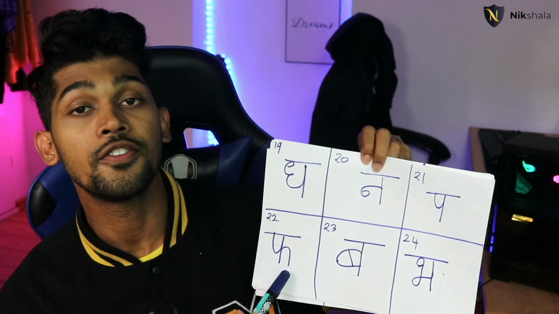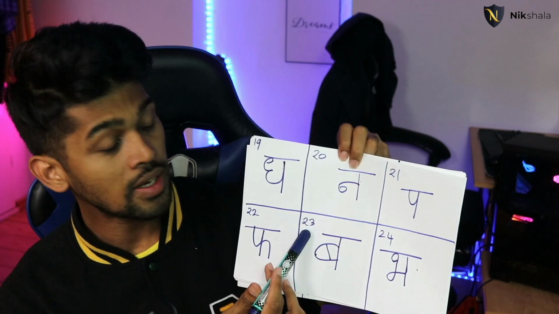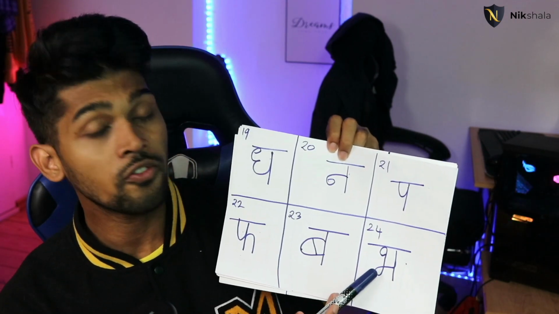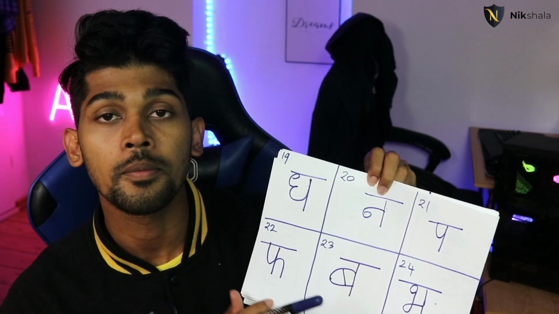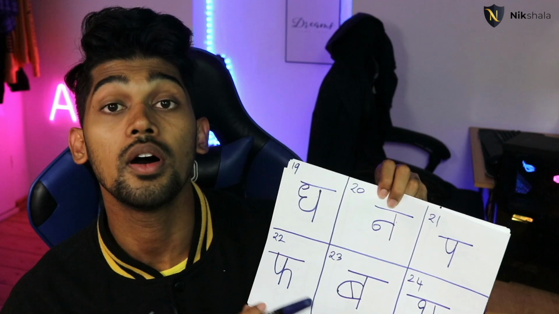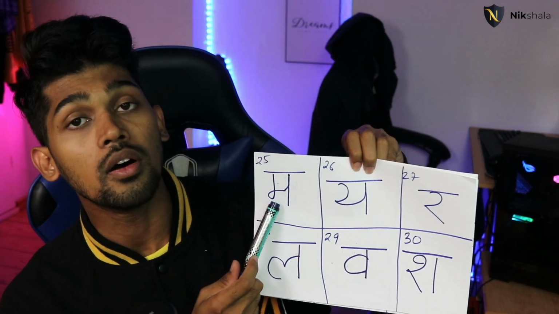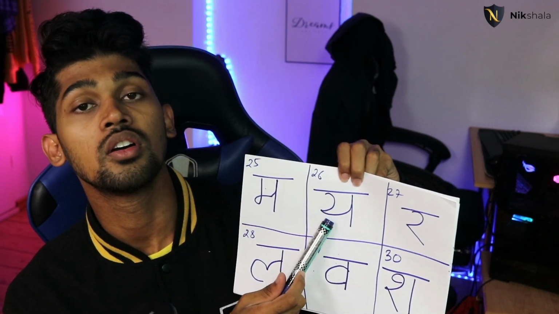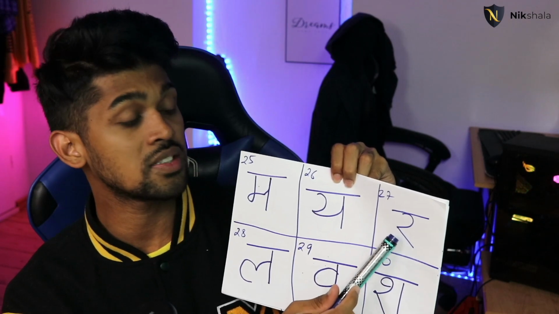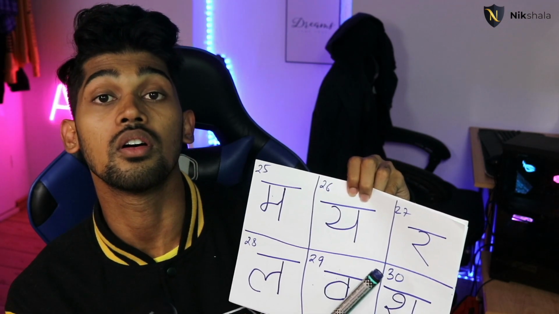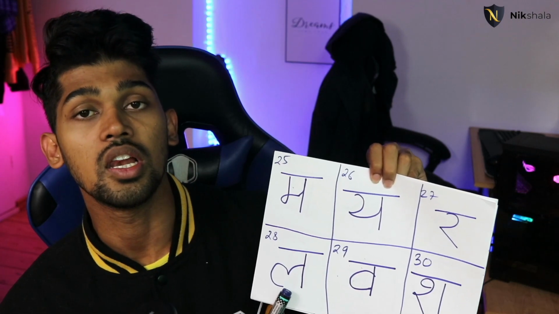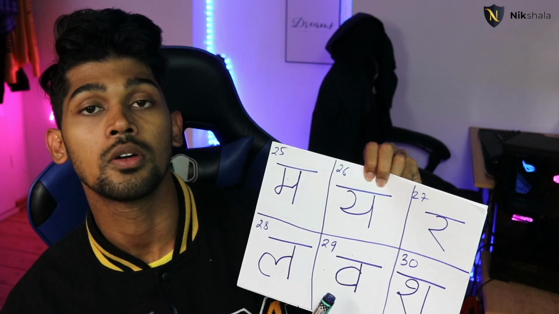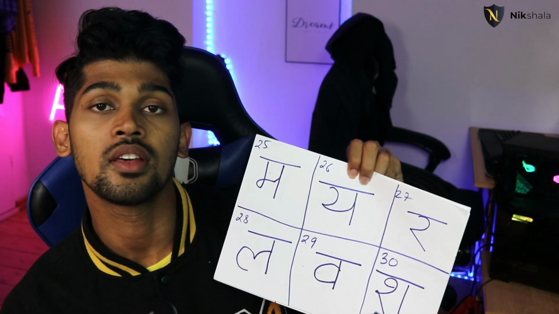22nd is P. 23rd is B. 24th is Bh. 25th is M. 26th is Y. 27th is R. 28th is L. 29th is V. 30th is Sh.